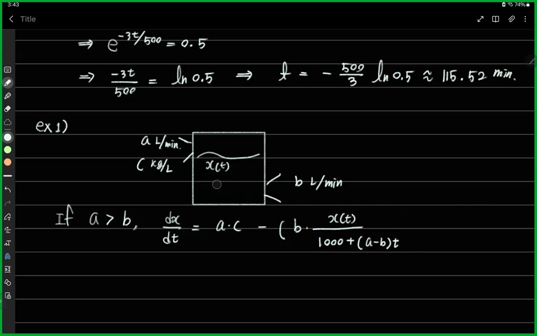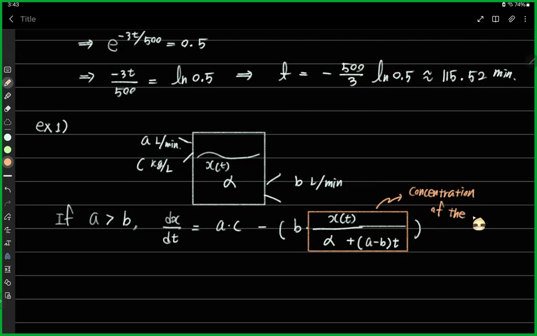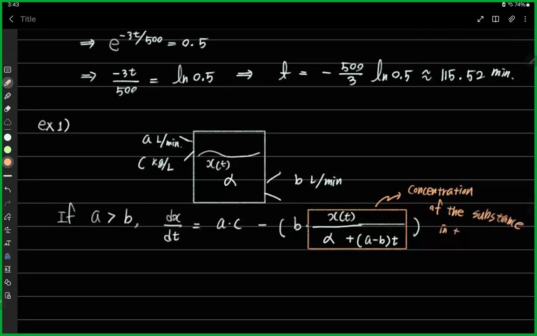If you generalize more, let's say the initial volume is alpha, then we get alpha plus A minus B times t in the denominator. This is the concentration of the substance in the tank. So keep this in mind.